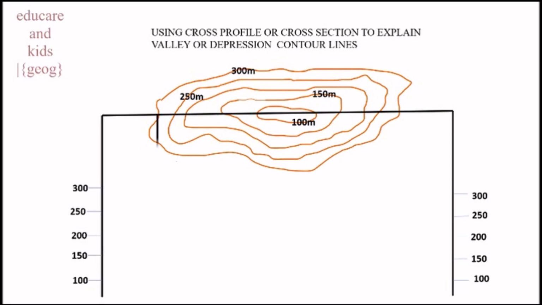So over here, the first contour is 300, and then the second contour is 250. You trace all of them according to how you have calibrated them over here. The same way you come to this place.